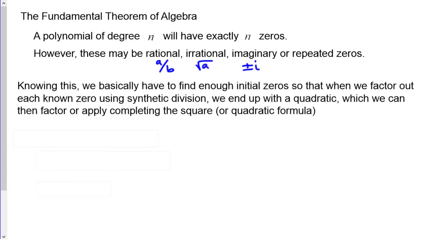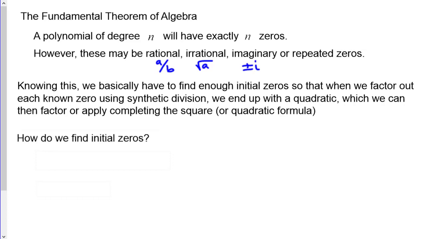So knowing this, we basically have to find enough initial zeros so that when we factor out each known zero using synthetic division, we end up with a quadratic, which we can then factor, or if we need to, apply completing the square or the quadratic formula, whichever the case may work for you best.